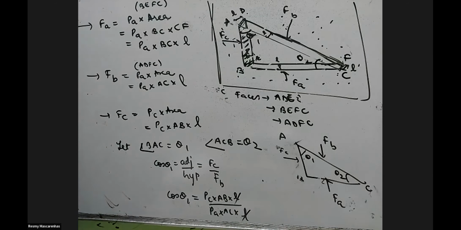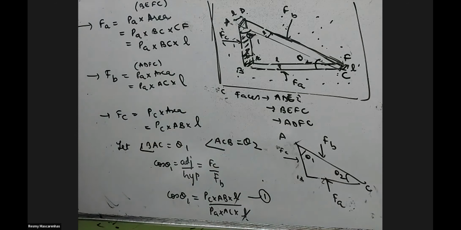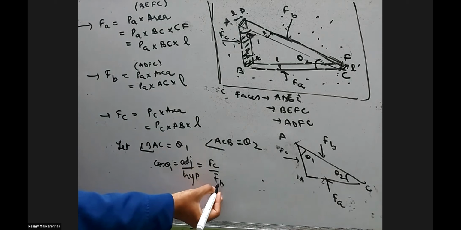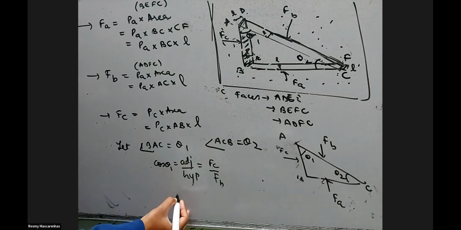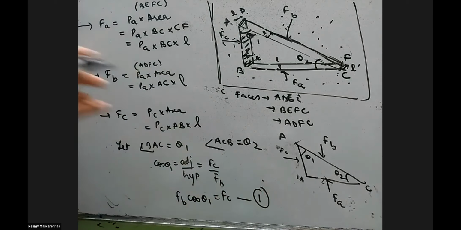Mark this as equation 1 and keep. Before substituting, just write this much and keep. Fb you bring this side, and later we'll substitute the values. Fb cos theta 1 equals Fc. Mark this as equation 1.